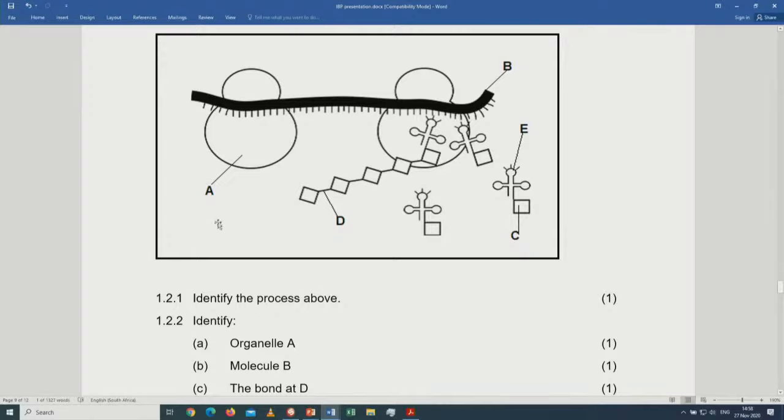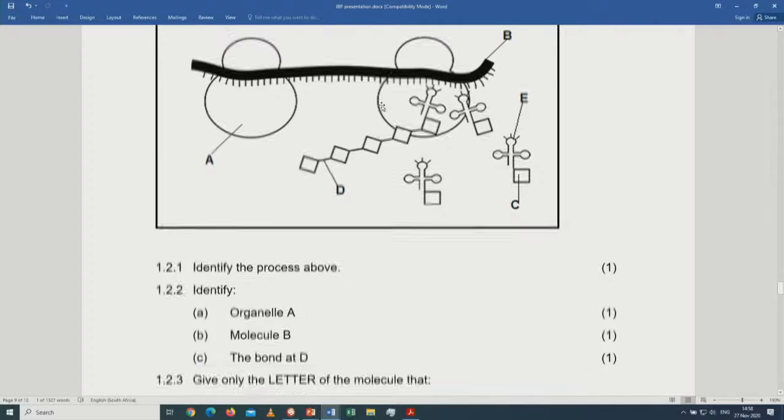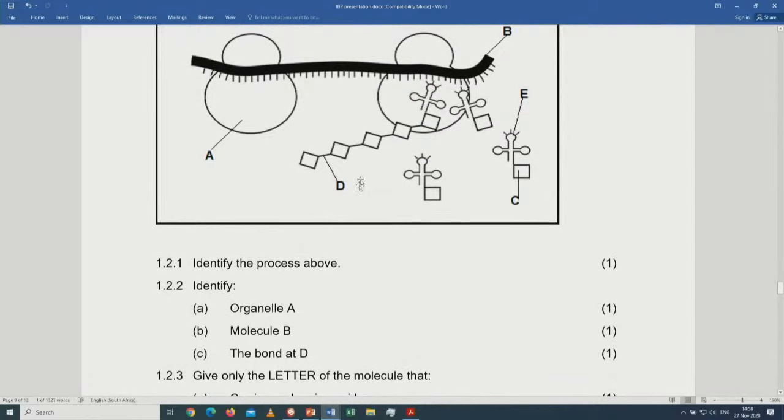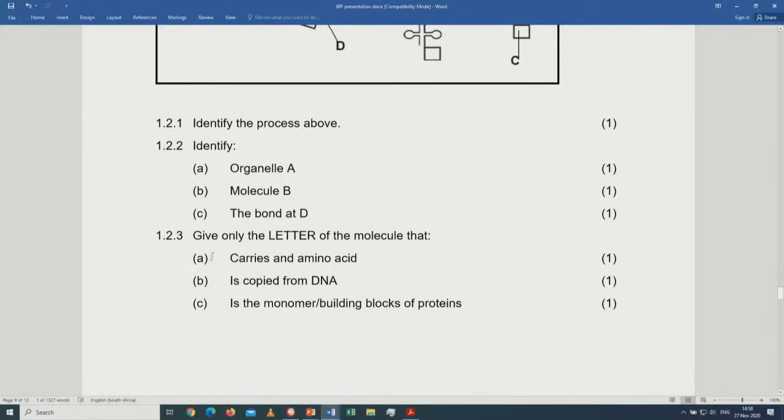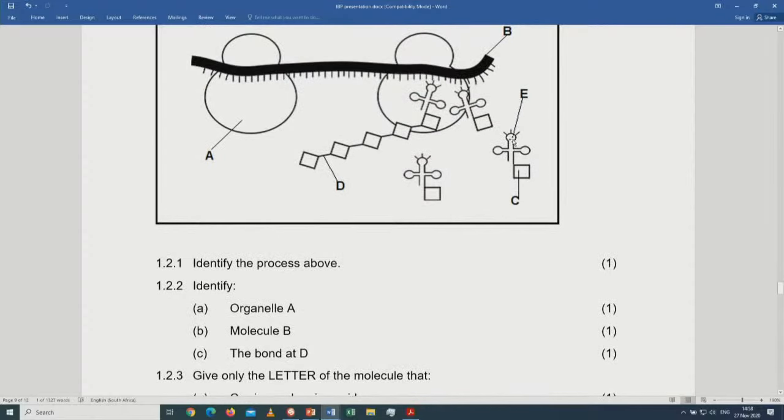Identify organelle A, which is a ribosome, and molecule B, which is the mRNA molecule. The bond at D. Now we know that a peptide bond is the bond that joins two adjacent amino acids. Give only the letter of the molecule that carries an amino acid, is letter E.